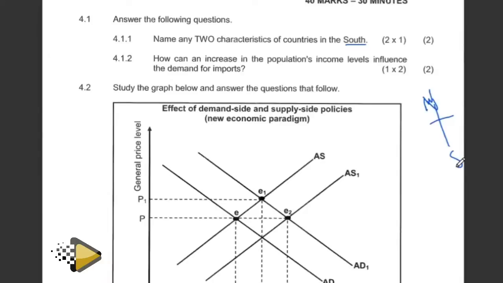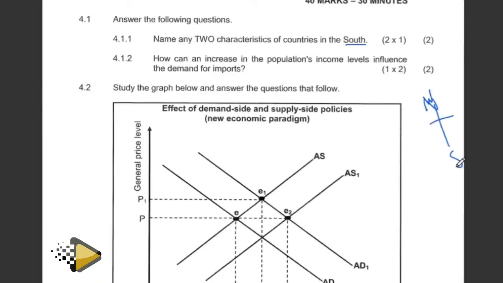They normally spend on inferior goods when they have lesser income. But the moment the population has higher income levels, it means now there's going to be a demand for normal goods. And if there is higher demand for normal goods, that is going to influence most of the local people to buy goods and services from other countries.